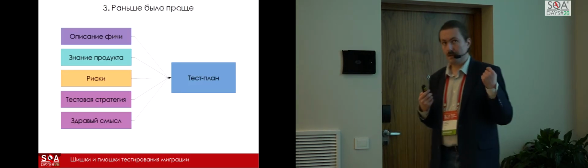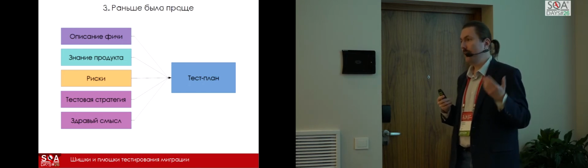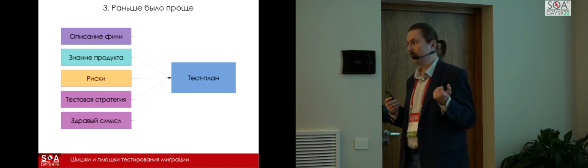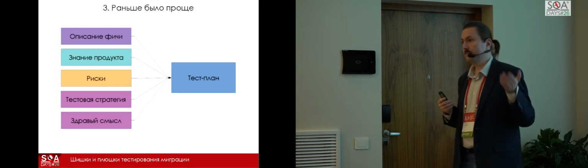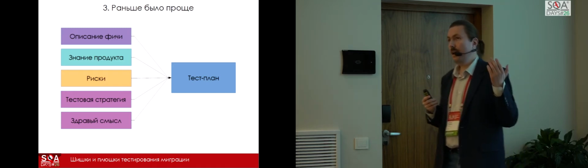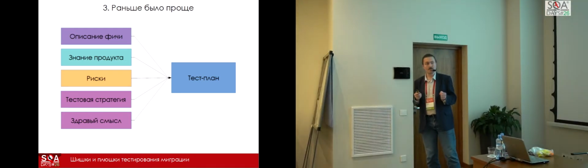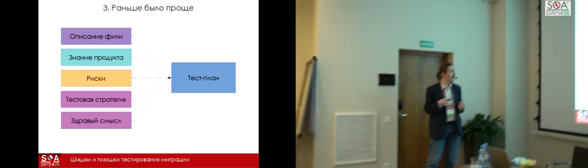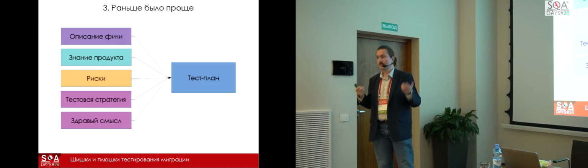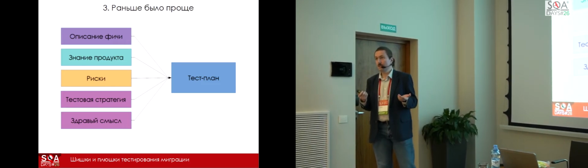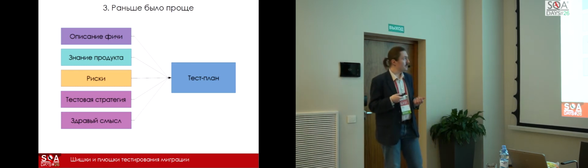And before we talk about practical methods to do it, we have to think about the special features of this task. For myself, this migration project was quite unusual, because for many years, in many companies, I knew where to take the test plan from, because we have a description of a feature, we have analysts who describe what is to be done, and this is the backbone of the test plan.